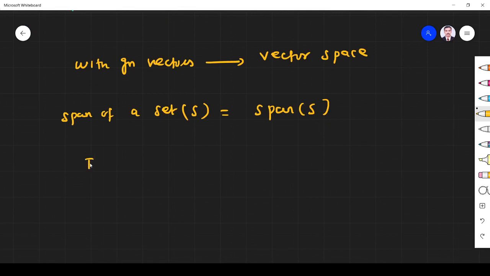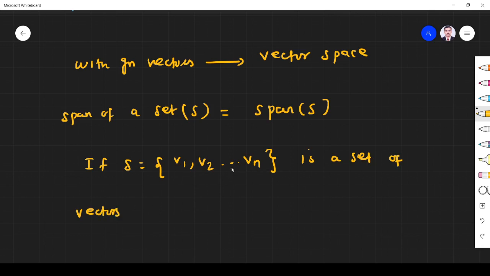Let us assume S is equal to V1, V2 up to Vn. This is a set. S is a set of vectors, yes or no? Here the vectors are V1, V2 up to Vn in vector space V. If S is a set of vectors in vector space V, then what is the meaning of span S?